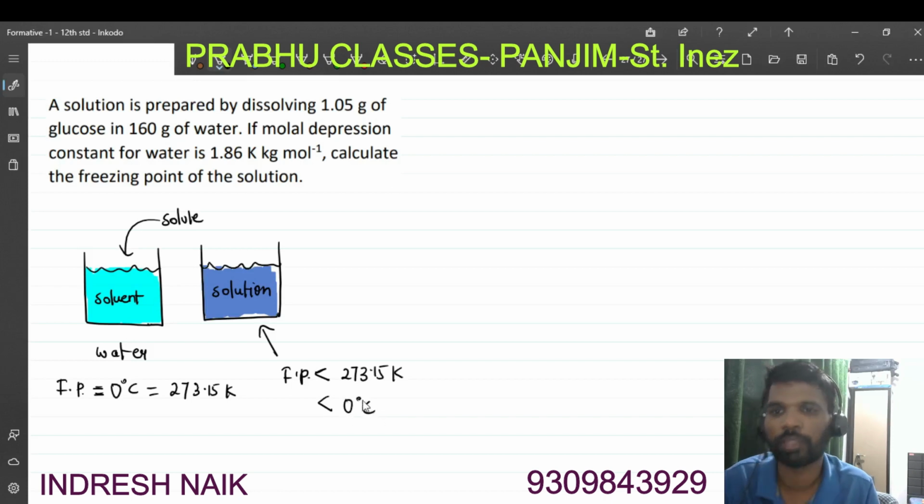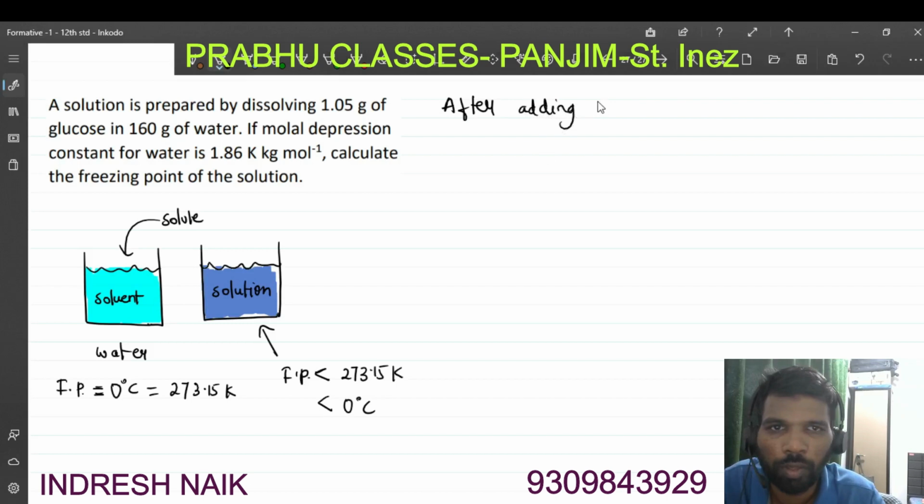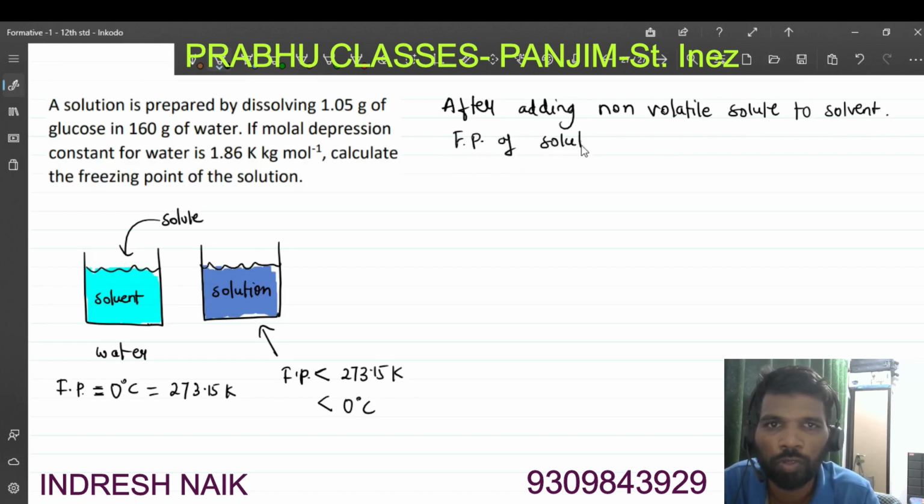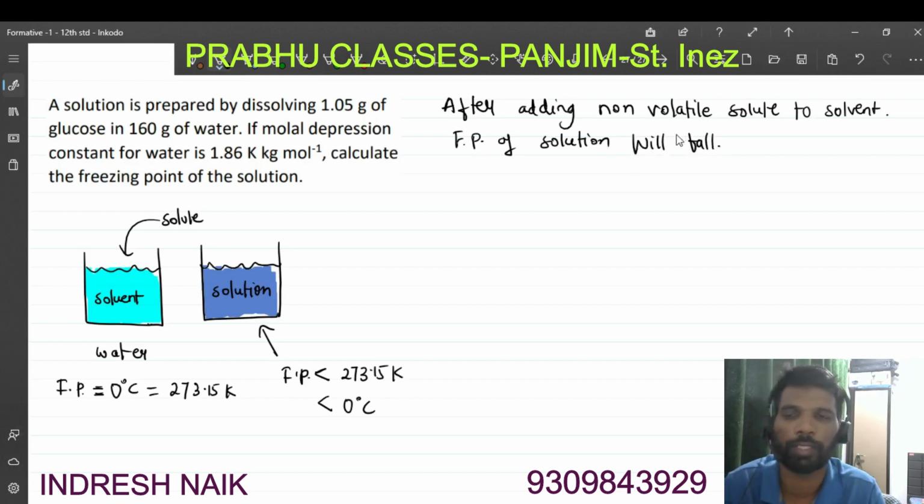It is 0 degrees Celsius for the solvent. This means that after addition of a non-volatile solute to the solvent, the freezing point of the solution will fall. It will be less, right?